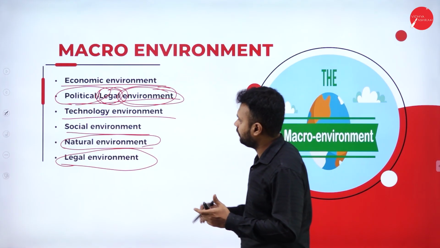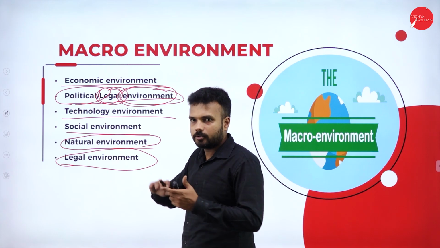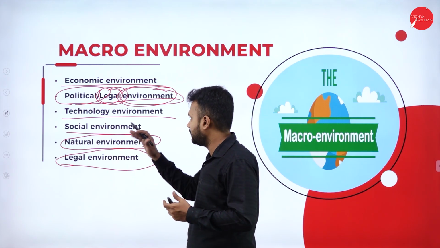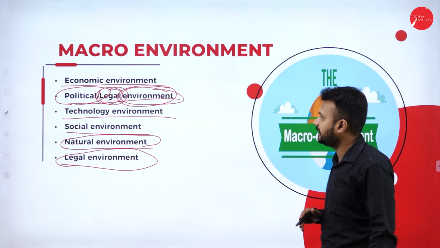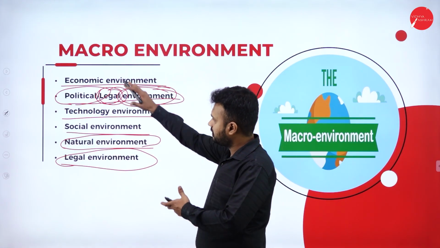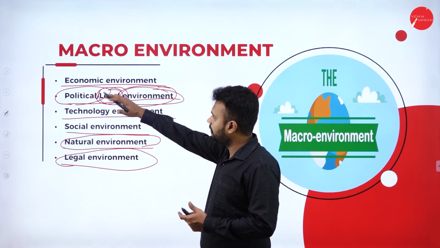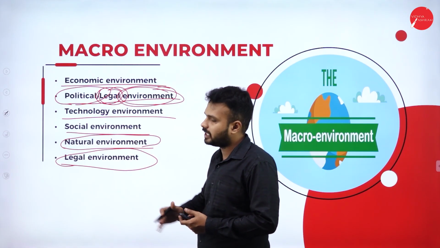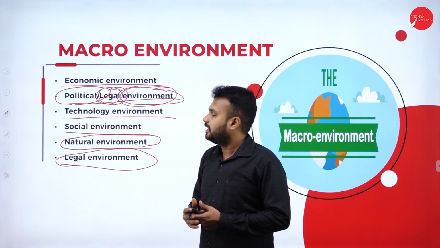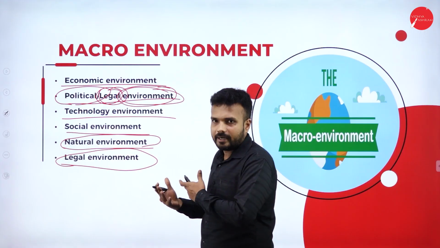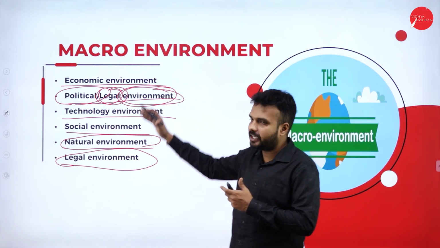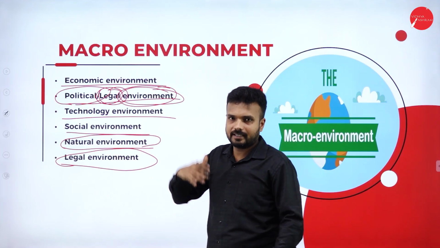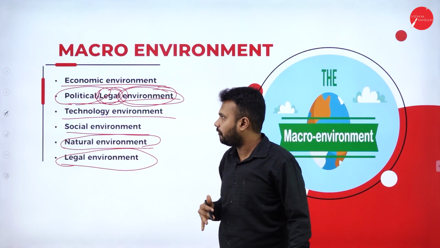We are supposed to follow different kinds of acts for different kinds of business and in different kinds of situations. So these are all the things that we need to consider, and this is a basic introduction regarding the economic, political, legal, technological, social and natural environment. What exactly this environment is and how it is going to work, we are going to study further in the further units, that is unit 2, 3, 4 and 5.